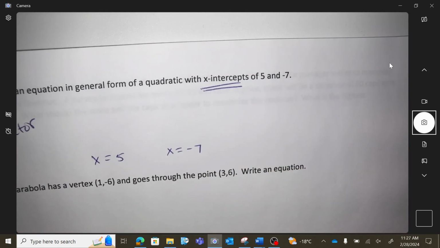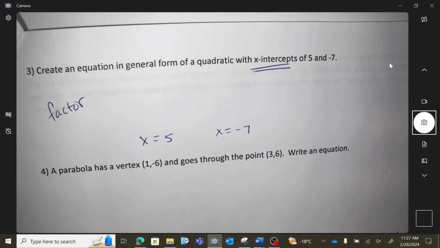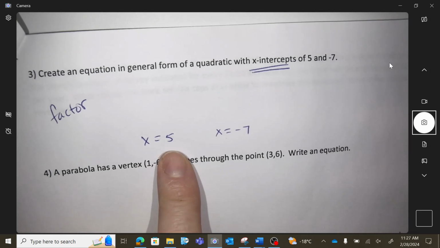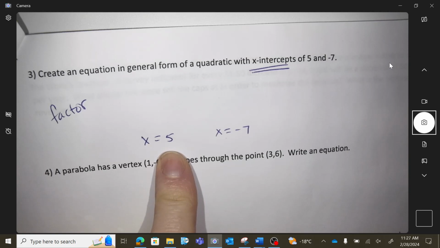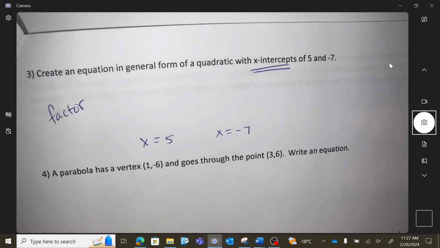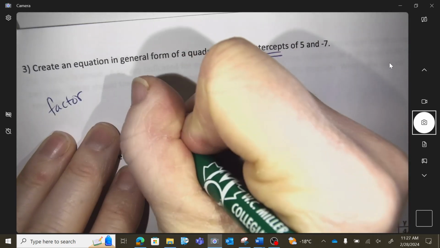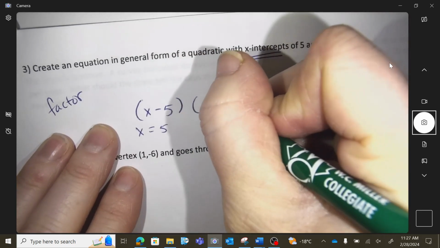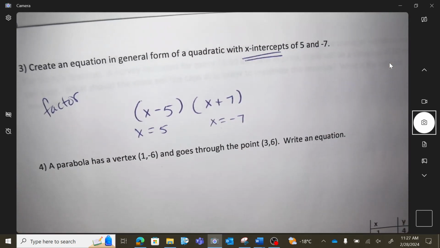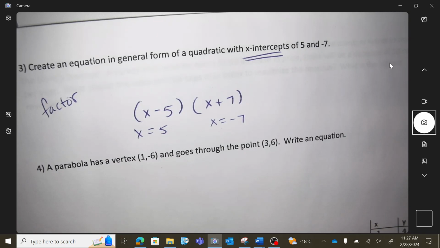So we would have factored and got those x-intercepts. Can you work backwards then? So if your x-intercept is 5, what was the bracket factor? X minus 5. So those were the factors.